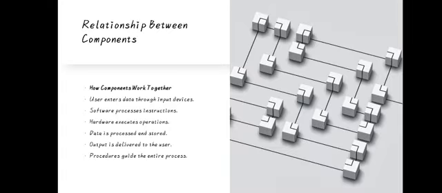Relation means how components work together. The first point: the user enters data through input devices. For example, if the user enters data, how do they enter it? Likewise keyboard and mouse, these are input devices.